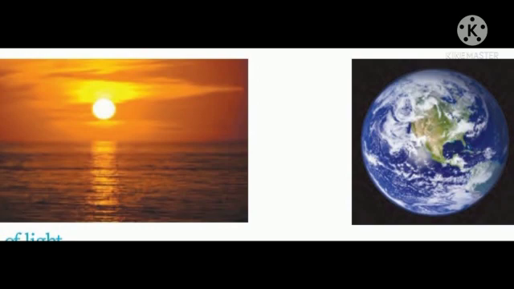At this time, the blue color in the sunlight gets scattered the most, and thus the sky appears blue during the day. If the earth had no atmosphere, there would not have been scattering of light, and the sky would have appeared dark during the day.